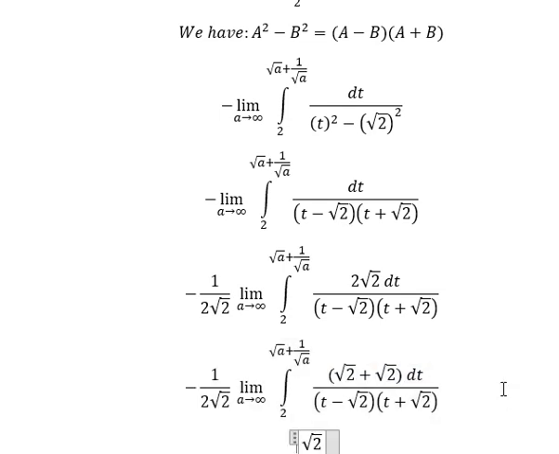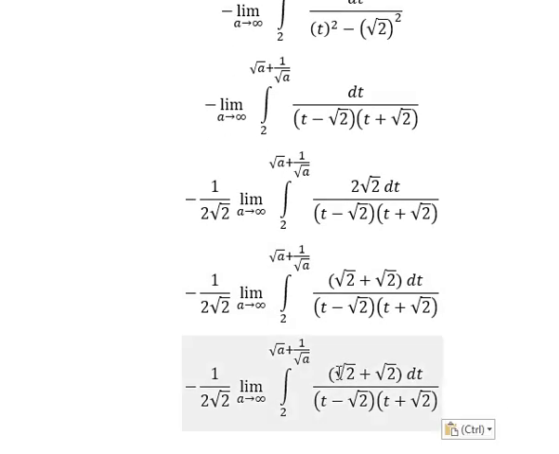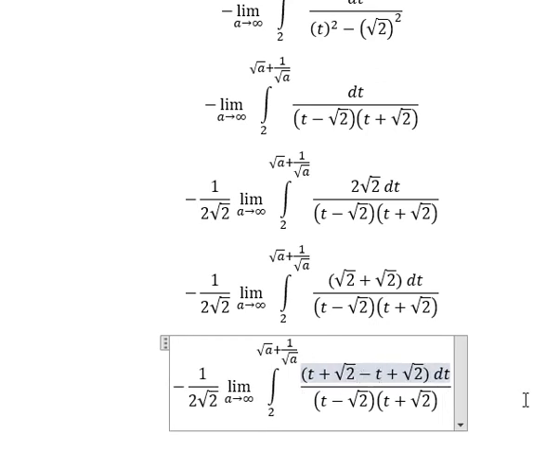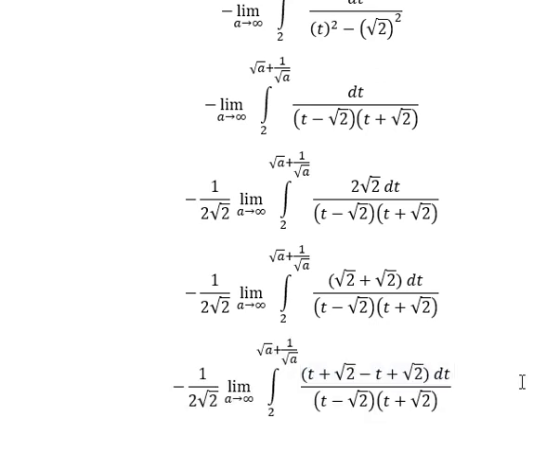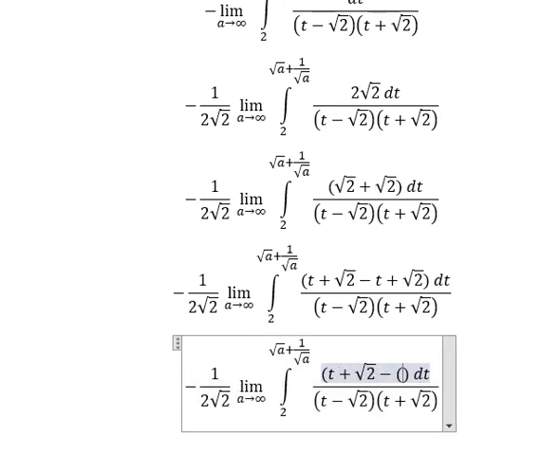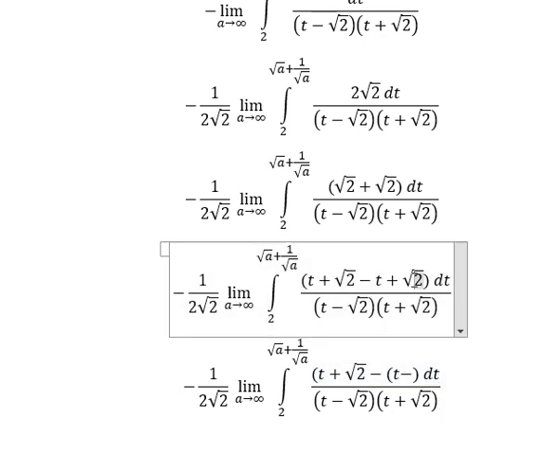Next, I will put positive t in here. Later, we need to minus t. This one we can put into t minus the square root of number 2.